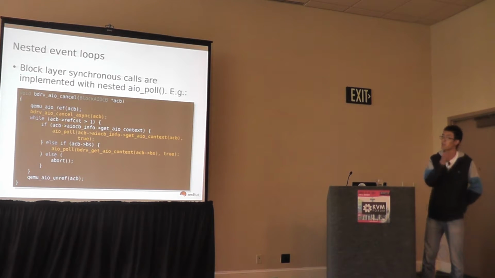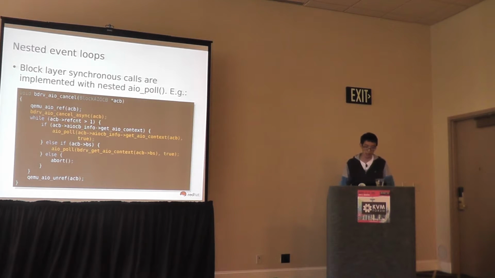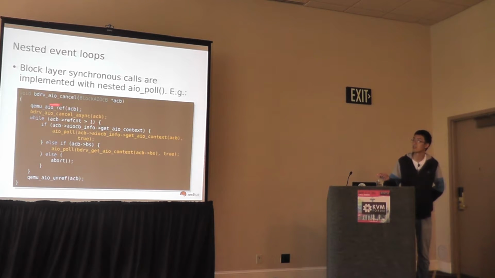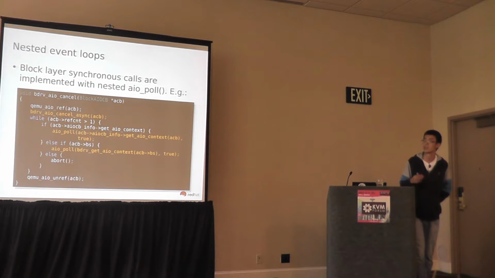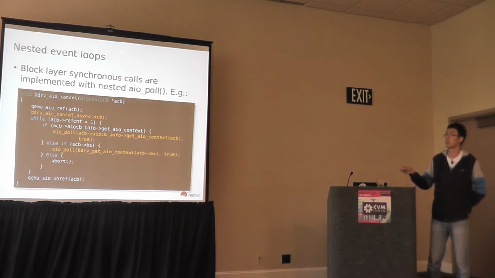This is an example that very well demonstrates this case. We have the AIO cancel here, which is a synchronous version. Don't be confused by the name. And we have an AIO cancel async there, which triggers the cancellation, but it's not finished when this function returns. So we need to wait by doing a nested event loop.